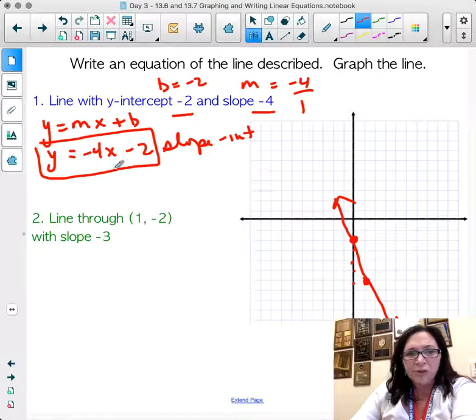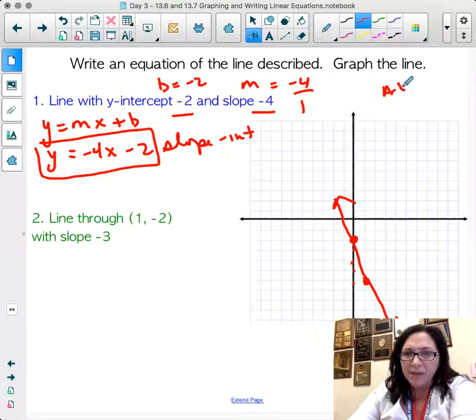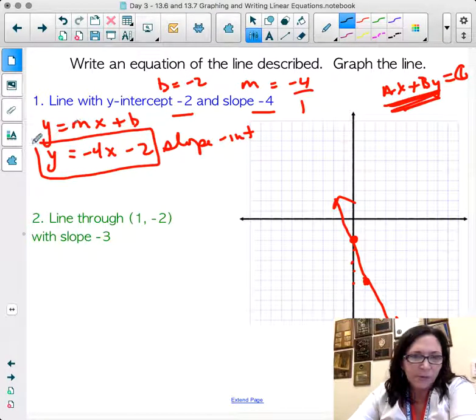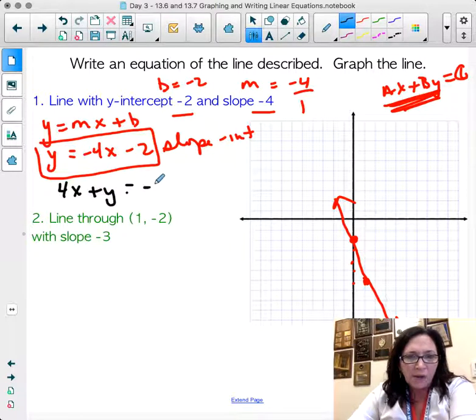If I asked you to put this in standard form, which, remember, standard form was ax plus by equals c, what you should notice about this form is that the a and the x and the y are on the same side. So I'm going to take this -4 and move it over to the left. And in doing that, bringing it over to the left, I get positive 4x plus y is -2.